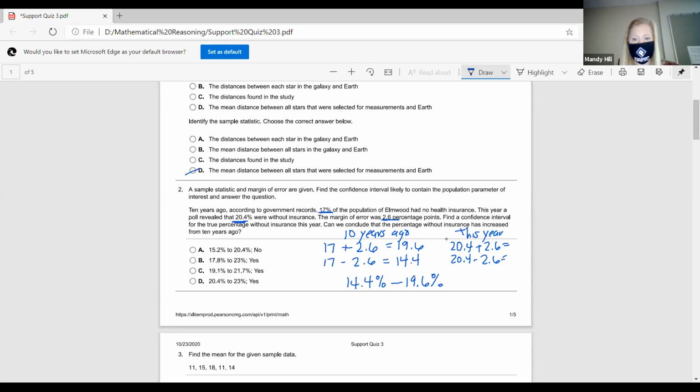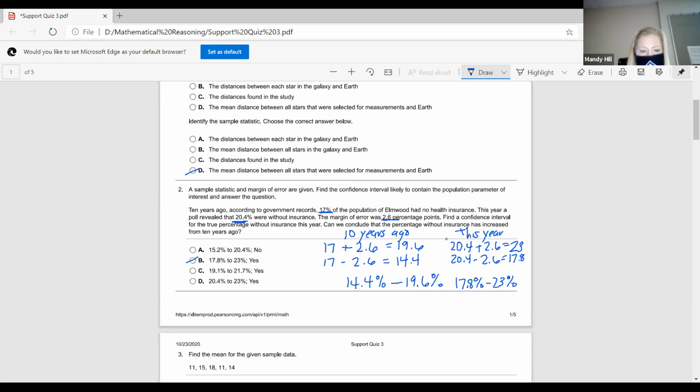This is going to give us 23, and then 17.8. So this year, our range is 17.8% to 23%, which is B.